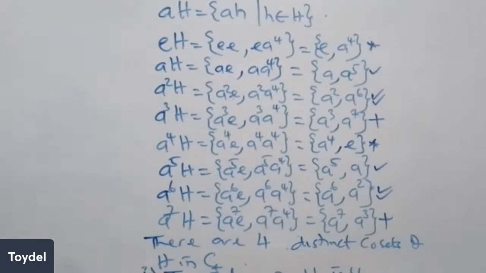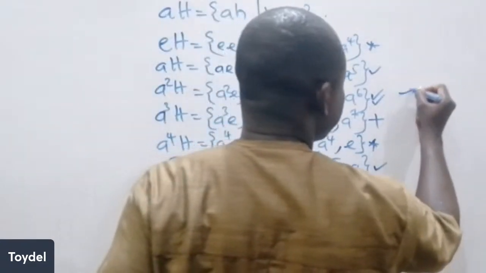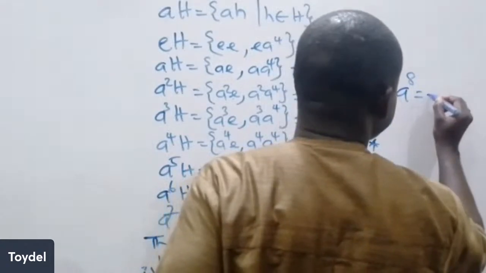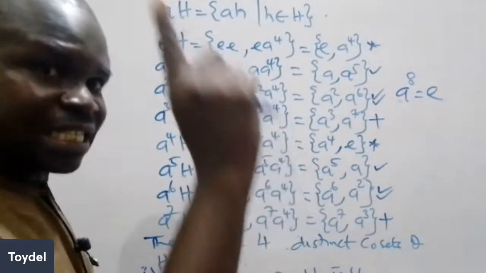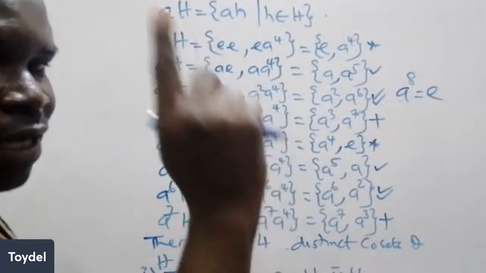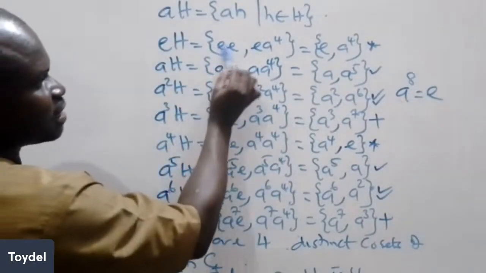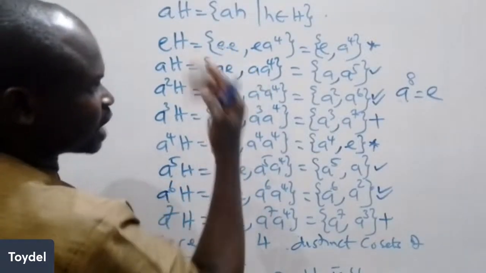Now, the identity element here will be 1 in the long run. The identity element is when you have e, and when you have a⁸, and that is what is defined as e in this question. So you view it as 1. That's why it does not have effect here. All this e is of order 8. Just view it as identity element.